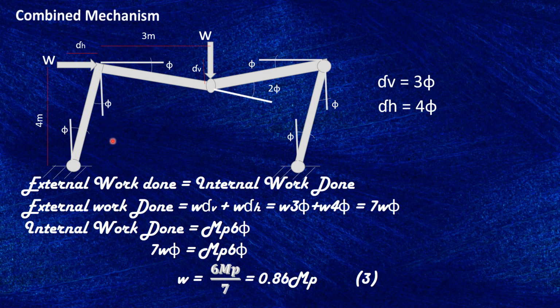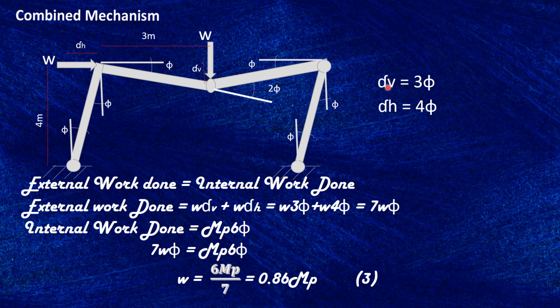But the work then has been done, the damage has been done into these 4 joints. The amount of work done internally is, of course, theta times MP: here 2 theta times MP, here theta times MP, here theta times MP, here theta times MP.